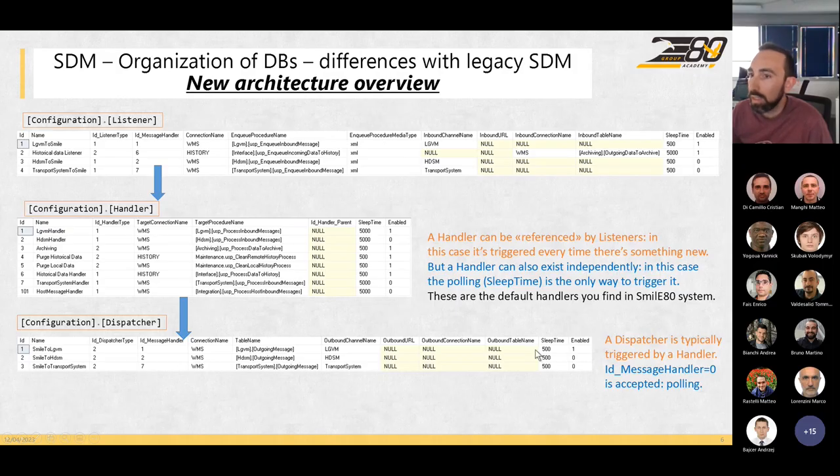And it is actually allowed to set 0 as a message handler, in the event that you have a table without a handler where you have messages to be dispatched with a poller. So it can work independently from a handler and listener in theory.